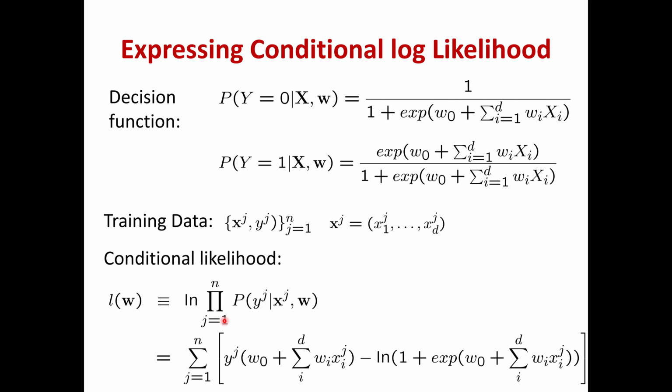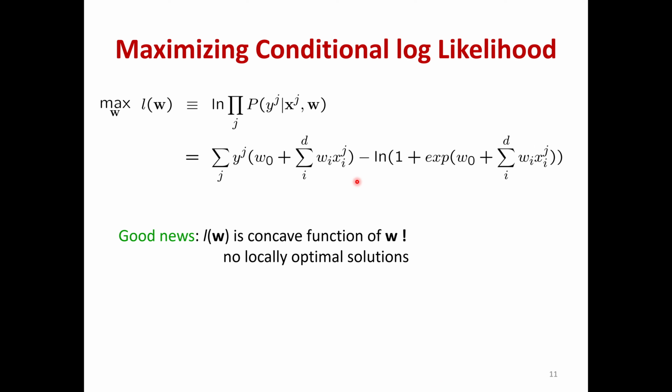To simplify the calculations, after creating this product, we take the logarithm of this quantity, and then it's very easy to see that our objective that we need to maximize in w will have this very nice and simple form. Alright, so this is what we need to maximize in w.